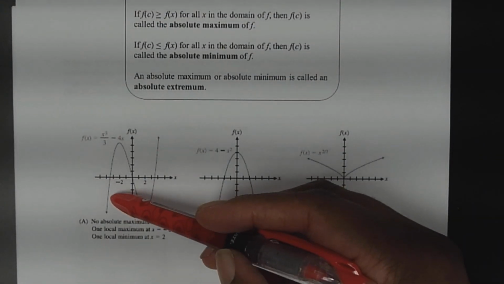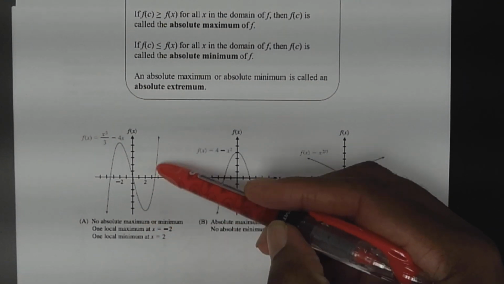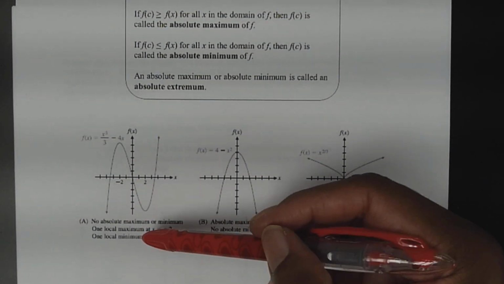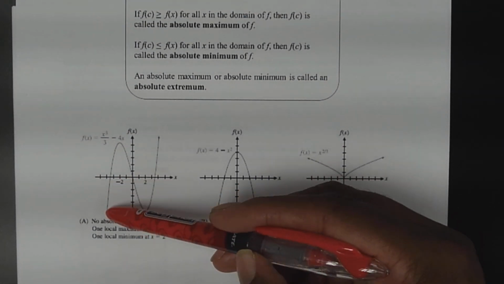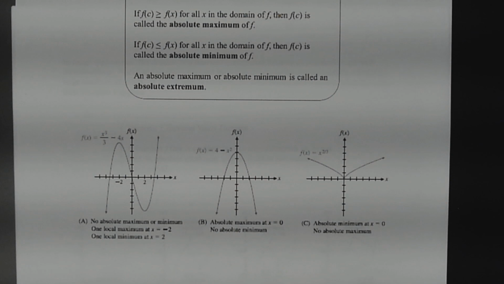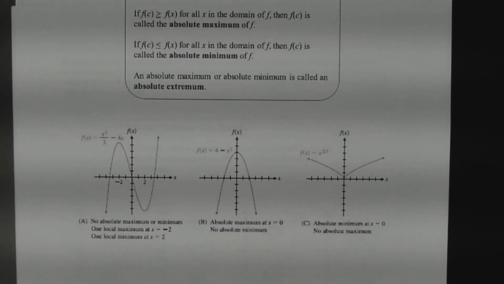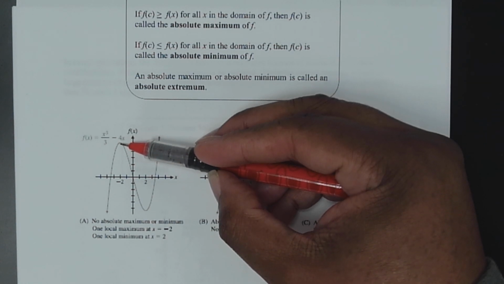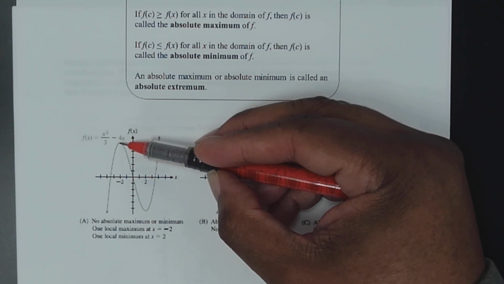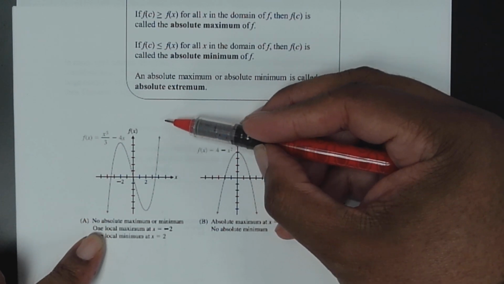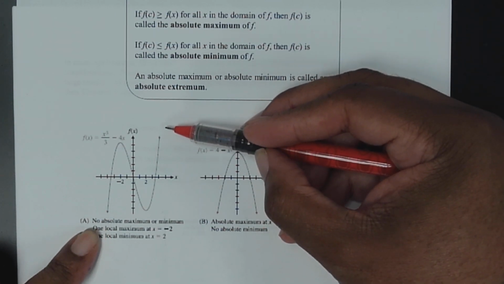For this first graph that we have here, we have f of x is equal to x cubed divided by 3 minus 4x. In this case here, there is no absolute maximum or absolute minimum because notice, even though this may seem like the absolute maximum because it's the highest point here, this graph goes on indefinitely, okay?